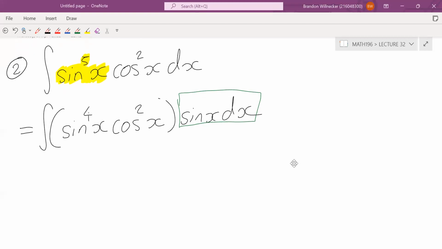Okay, so since the outside part is sine, what kind of u substitution do we need to do? So if this part is our du, we want that to be du. What does u have to be? So I want to derive something to get sine. What does it have to be?